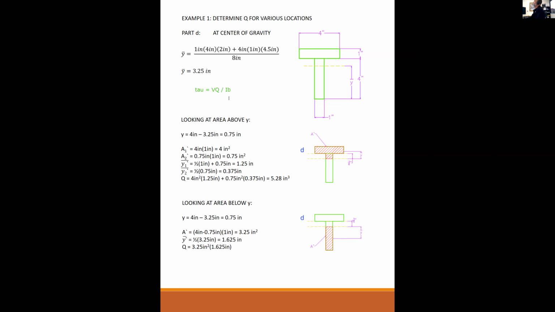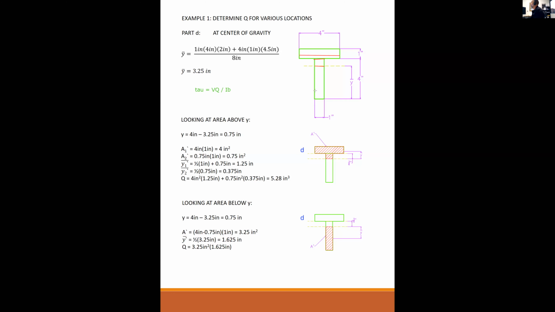Okay, think about it this way. Horizontal shear stress, tau, is equal to VQ over IB, right? So as you decide where to make a cut for horizontal shear stress, you can make a cut here, right here, right there.